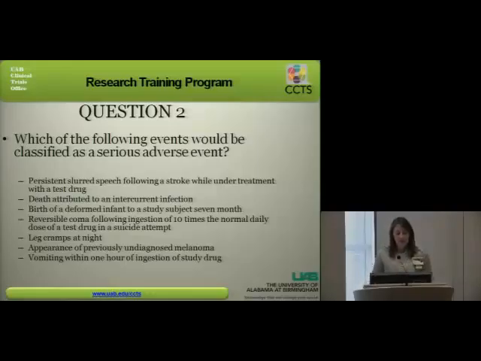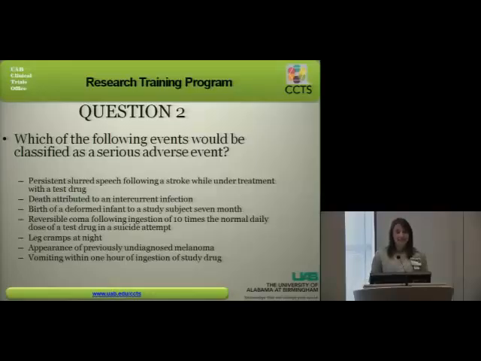Persistent slurred speech following a stroke while under treatment with a test drug, death attributed to an incurrent infection, birth of a deformed infant to a study subject 7 months, reversible coma following ingestion of 10 times the normal daily dose of a test drug in a suicide attempt, leg cramps at night, appearance of previously undiagnosed melanoma, and vomiting within 1 hour of ingestion of study drug.